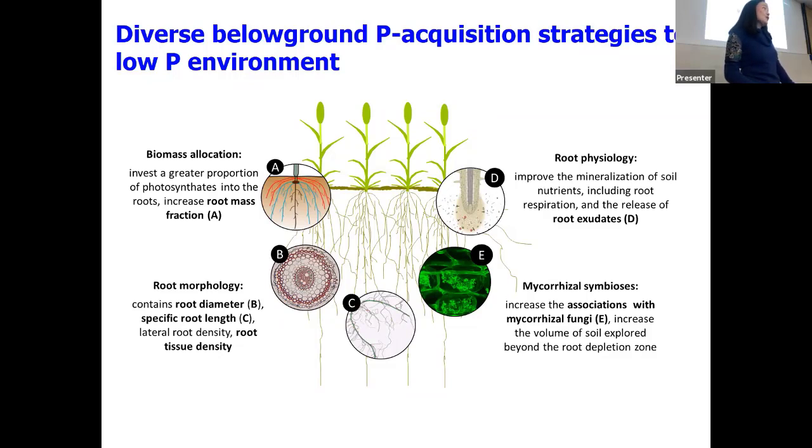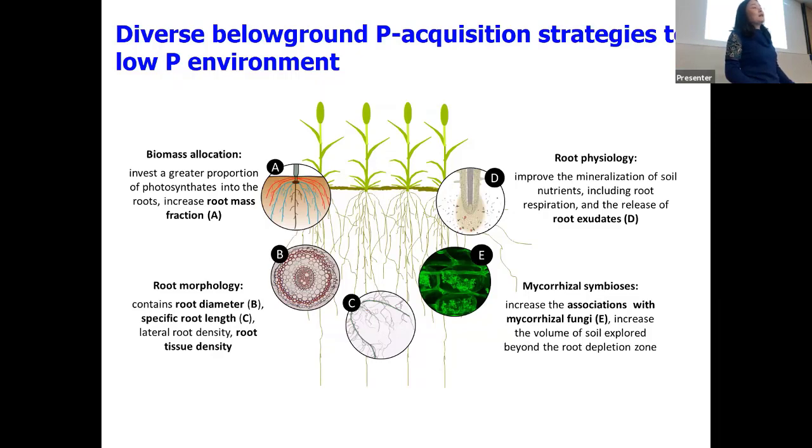Plants also change root morphological traits, for example, root diameter, basal root length, and many other things to make phosphorus acquisition more efficient. And plants often form mycorrhizal associations that increase the volume of soil explored beyond the root depletion zone.